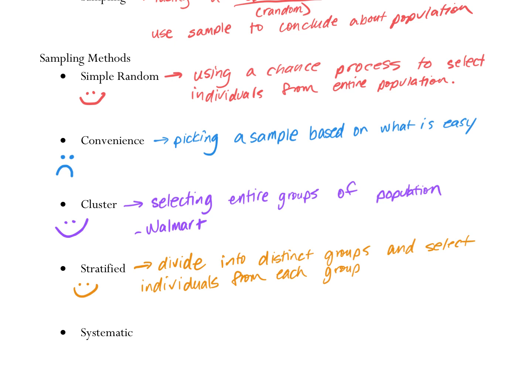So if it was a national poll, and 17% of the U.S. population is African American, would you take 17%? If you did that, that would be a stratified sample. So then the sample would have 17%? Correct.